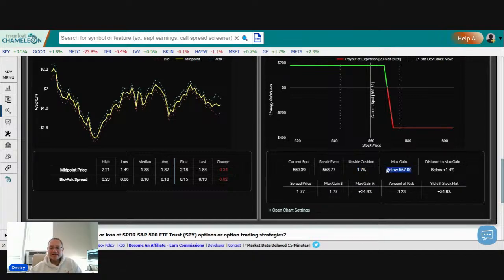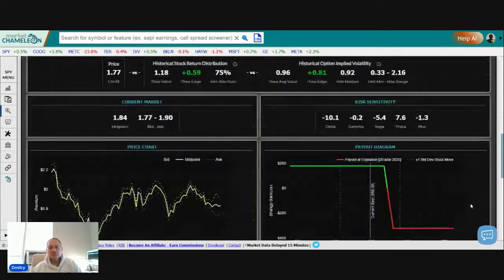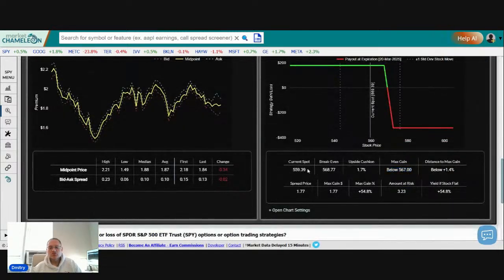So your max gain is below $567 because that's where you sold that first leg, 567. Okay, which is, you could see here, it's above the current stock price. And what that means is that even for your max gain, the stock could rise as much as 1.4%.